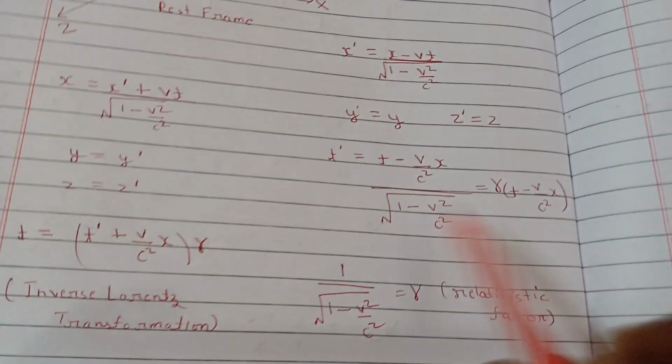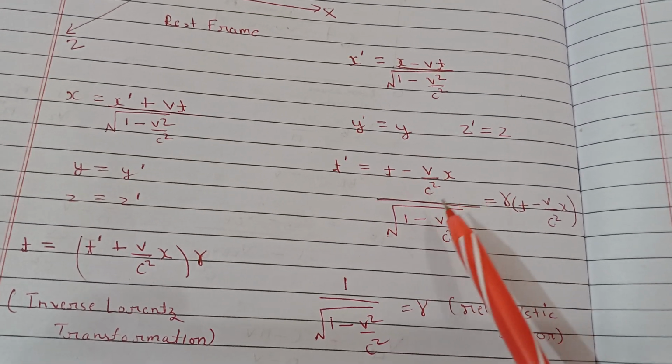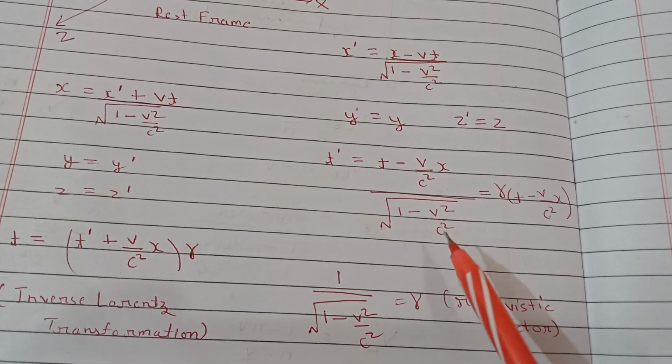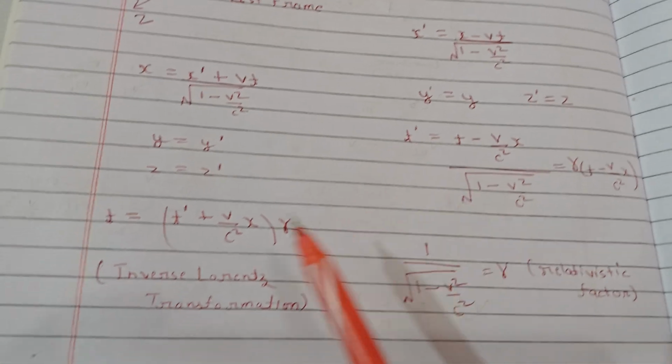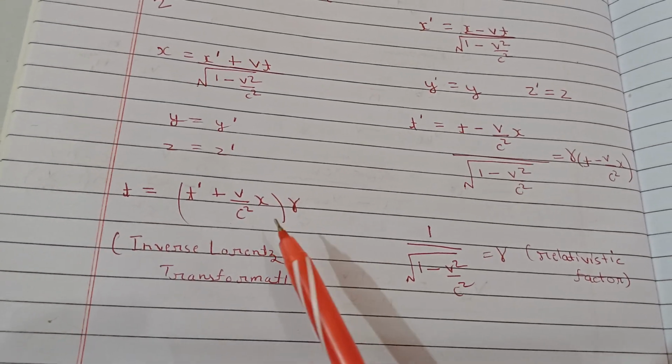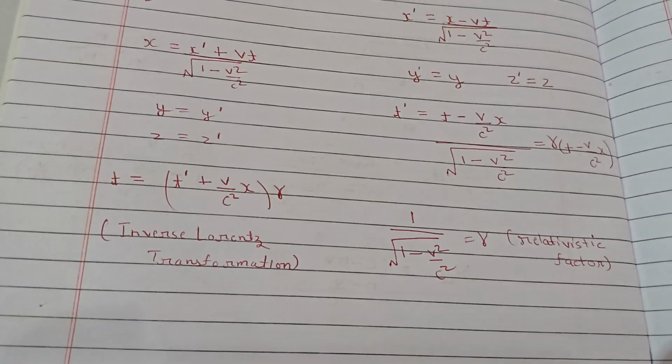Here is the formula: T prime equals (T minus V by C square x) divided by root of 1 minus V square by C square. And if you reverse this, you get T equals (T prime plus V by C square x prime) in the inverse Lorentz transformation.